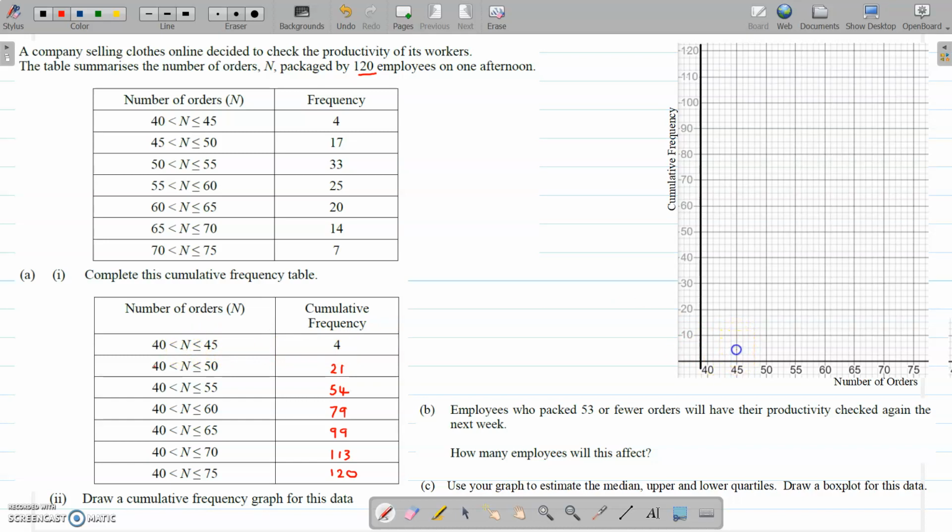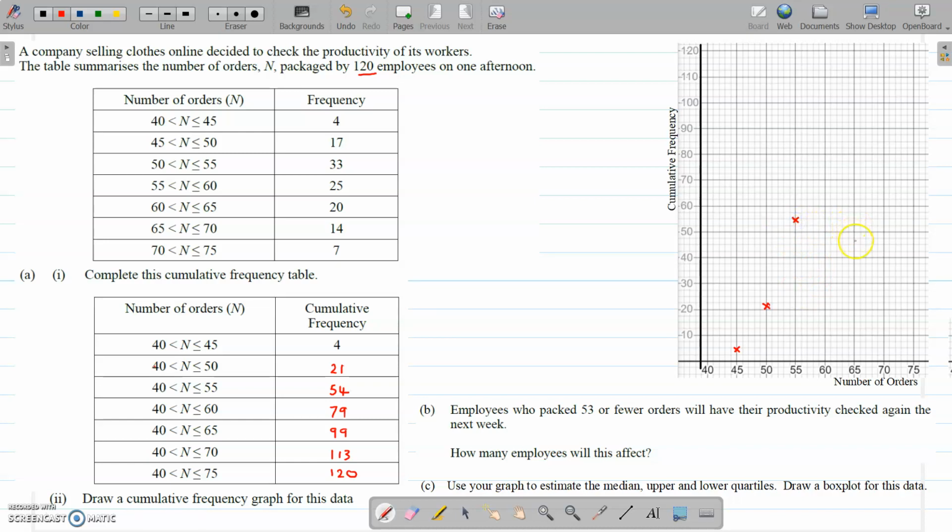45, 4 is approximately there. Okay, now obviously it's going to have some room for error because of the small scale on the graph, but do the best you can. Okay, 50 and 21 is going to be about here. Then we have 55 and 54, just under there, roughly there.